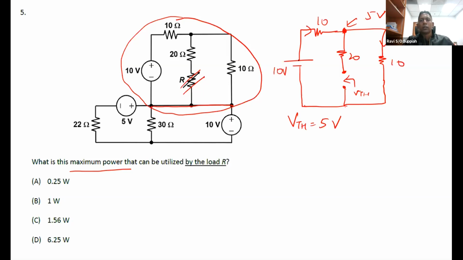Yeah, so in this case, because of the way that you have a common point here where the plus is connected to the negative of this, we can treat them as 2 separate circuits. Alright, so that is why we only need to focus on this. Okay, and once I find VTH, the next step is RTH.